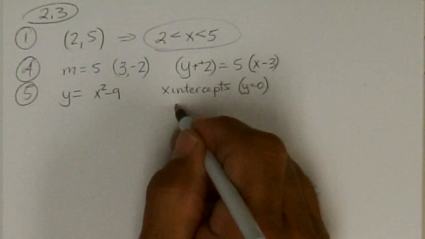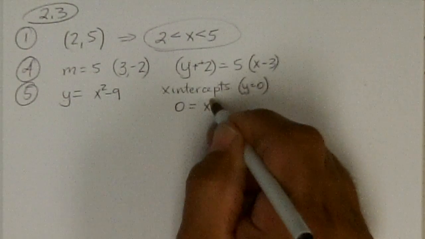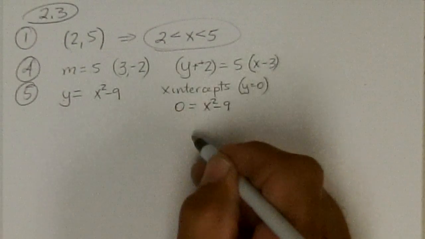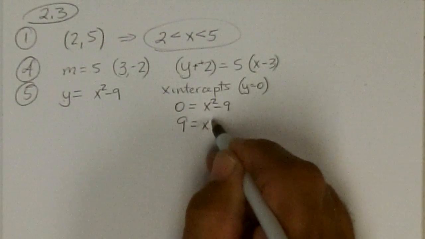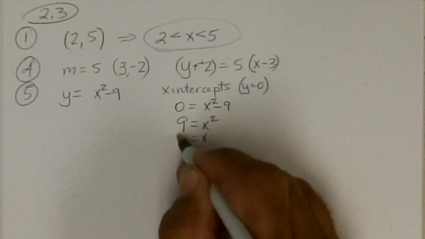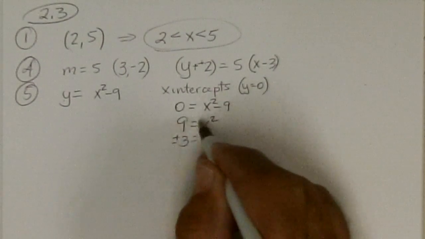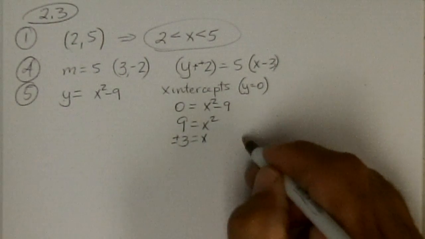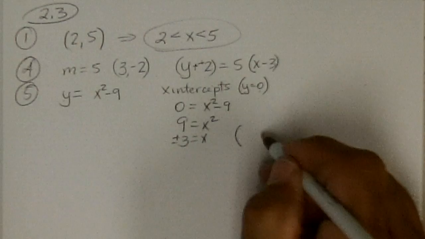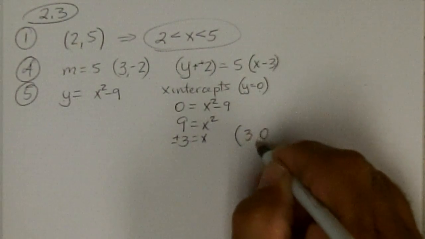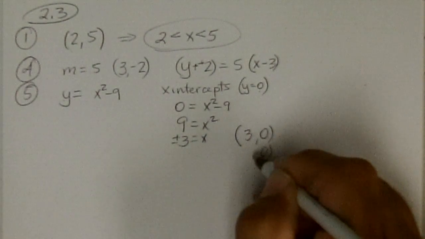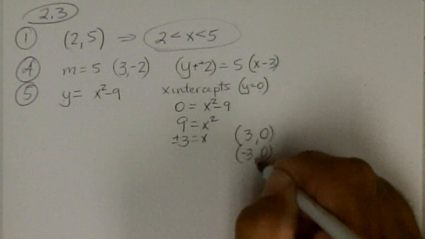We get 0 equals x squared minus 9. We add 9 to both sides. And we get x equals plus or minus 3 when we take the square root of both sides. But then we have to write intercepts as points. The y was 0 and the x was 3, or the y was 0 and the x is minus 3.